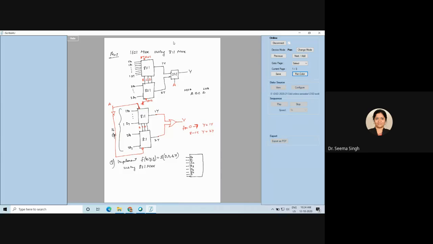I have to show the connection of XYZ, and my output F should be high when a 0 occurs. I hope you remember this implementation. When 0 occurs, when 2 occurs, when 6 occurs, and when 7 occurs, F should be 1. And for all other min terms, F should be 0. I hope you remember this. How do we design this?